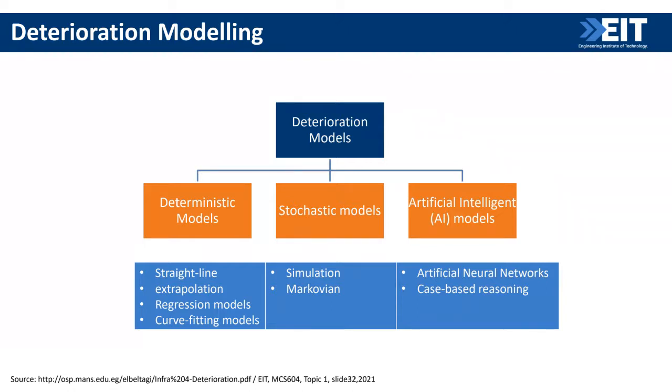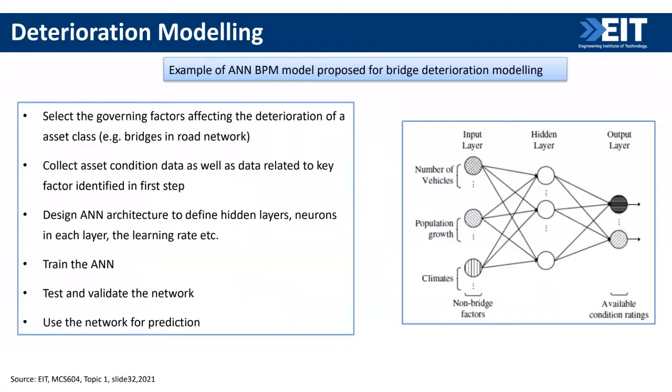And I'm just going to briefly give you an example of an artificial neural network application in bridges. As you can see, it's just an example of the types of factors that you can include when you work with artificial intelligence, in this case, artificial neural networks.